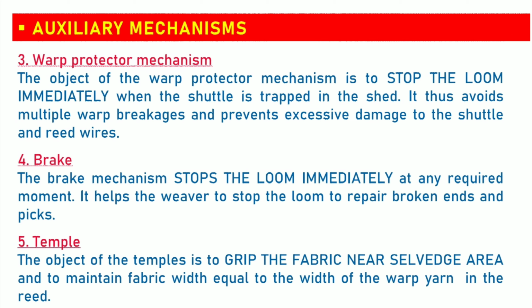The brake mechanism stops the loom immediately at any required moment. It helps the weaver to stop the loom to repair broken ends and picks. Temple. The object of the temples is to grip the fabric near selvage area and to maintain fabric width equal to the width of the warp yarn in the reed.